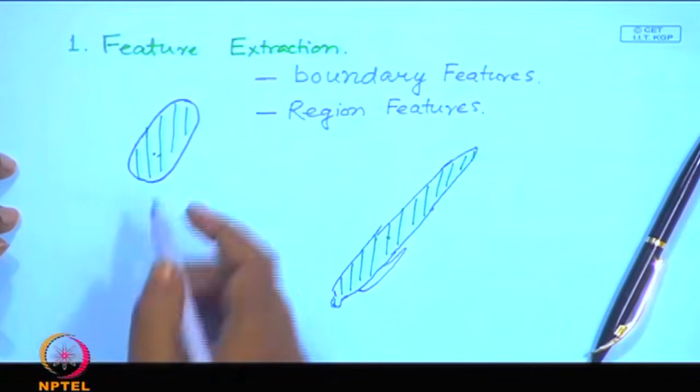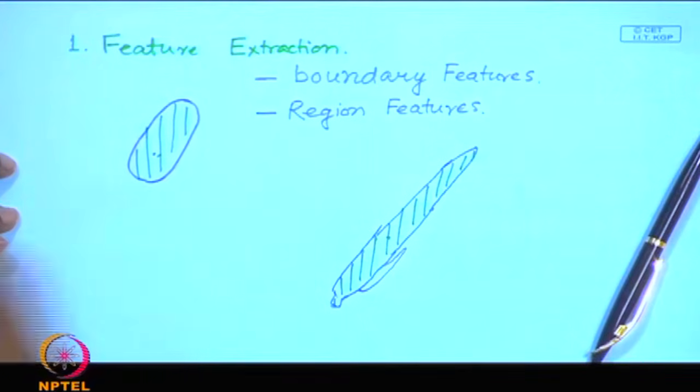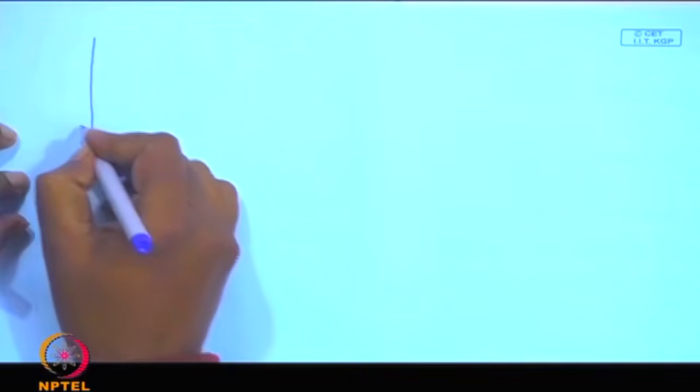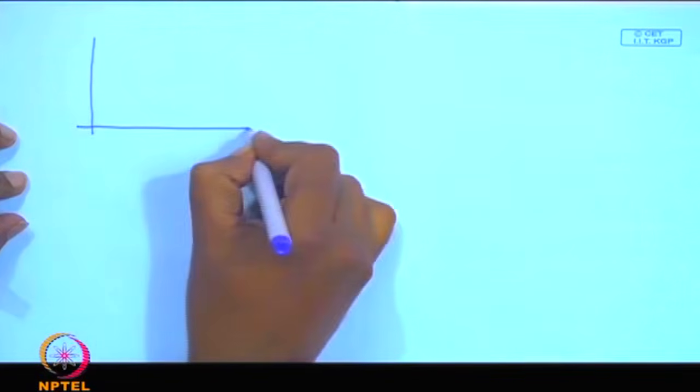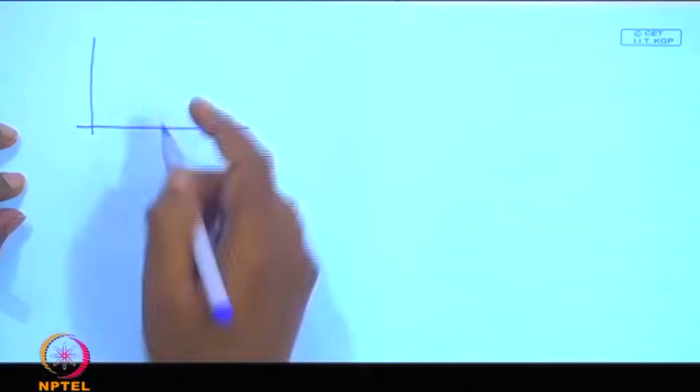What I can do is, I can have this boundary in the digital domain is nothing but a set of points. Okay. So, what I have is, if I draw it in 2 dimensions, or objects are actually 3 dimensional, but I can illustrate that with the help of 2 dimensional figures.